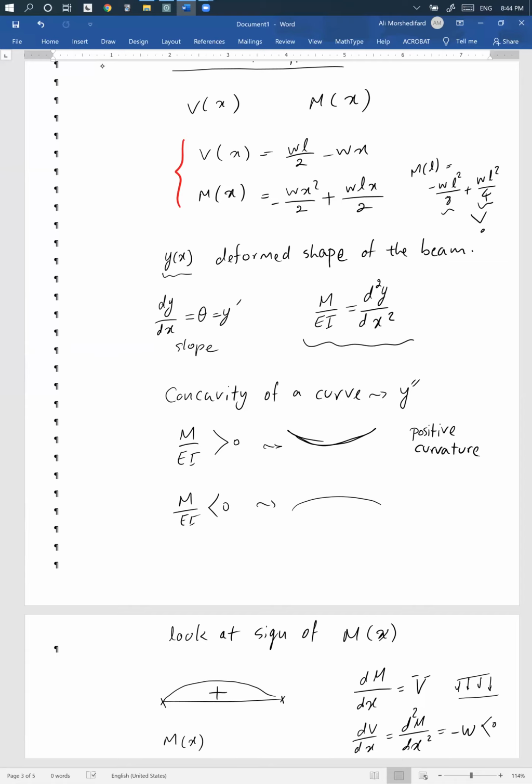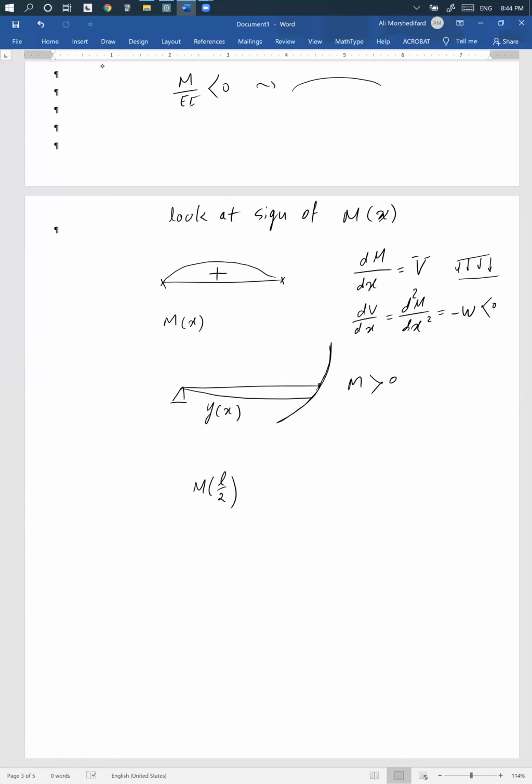That's one way. But let's say we want a quicker way, a trick or something. You have the moment at 2 points, because these 2 points are pins.